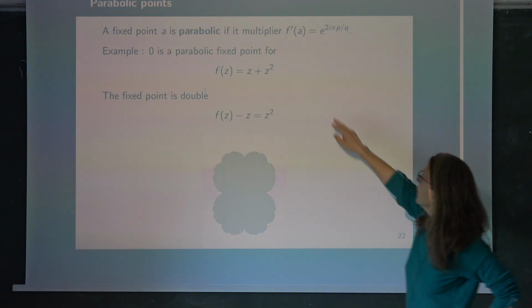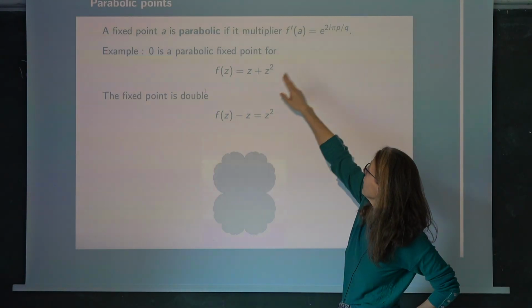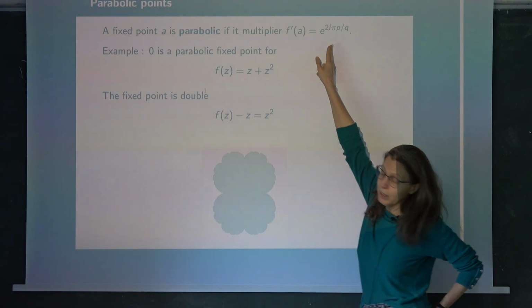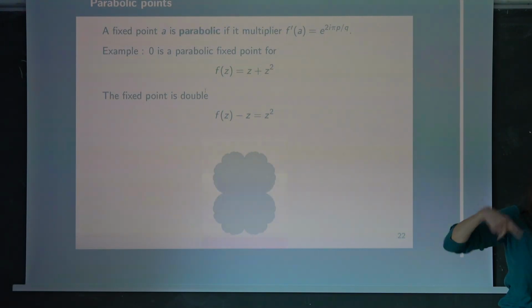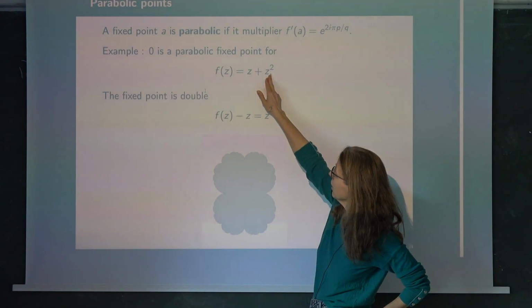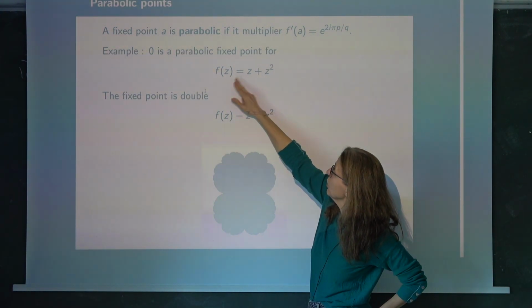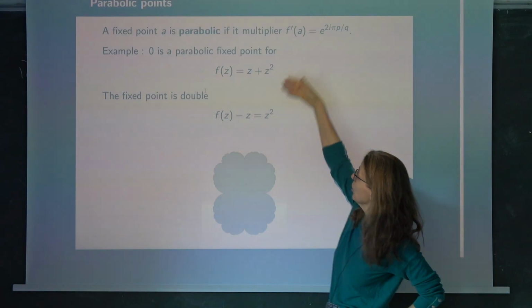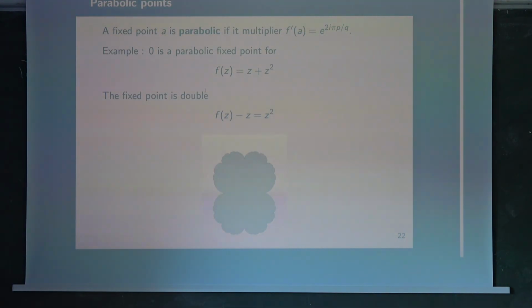So you have a fixed point a, and it's parabolic if its multiplier is of this form. So when you iterate q times, you come back, you have a multiplier 1. For instance, if you take z plus z squared, 0 is fixed and the derivative is 1. So it's a special kind of parabolic point.